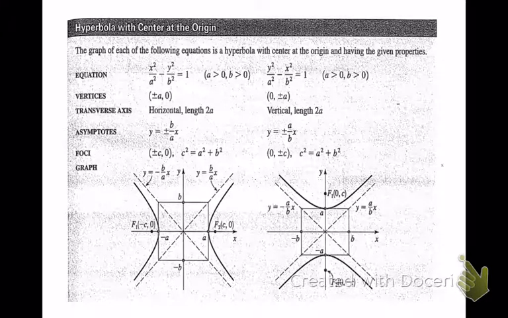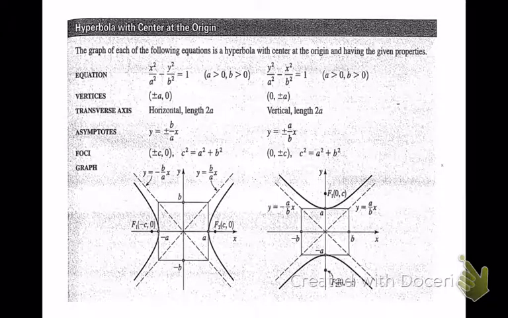A is always going to be greater than b. The other way it would be is y squared over a squared minus x squared over b squared equals 1. So the larger number on the bottom will always come first. That determines whether x squared or y squared is first in the equation.